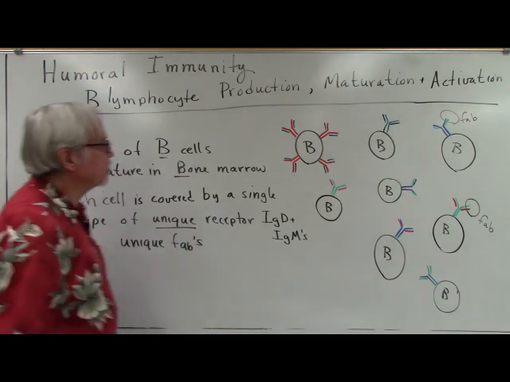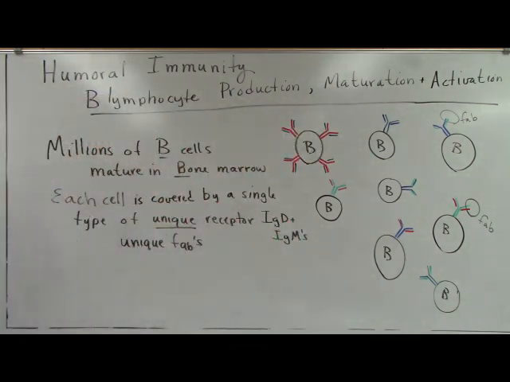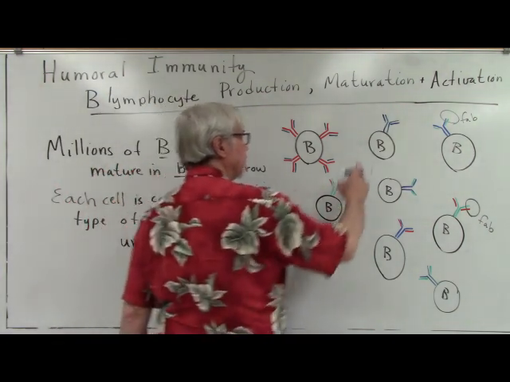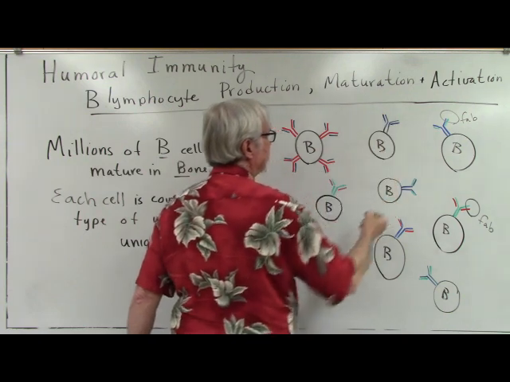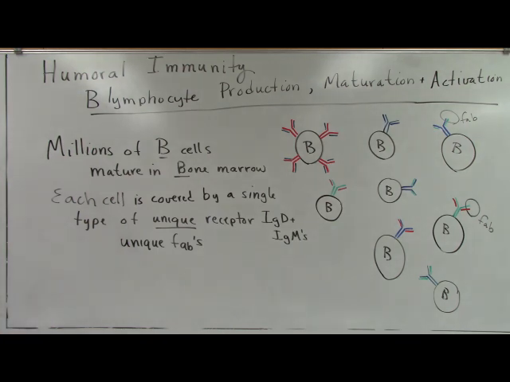And I've illustrated that using different colors now instead of shapes. So we have red and various shades of blue and purple and green. And you see that each one of these B cells has associated with it one receptor. Of course, it'll be surrounded by hundreds of receptors, but I just have one illustrating the uniqueness of each of these B cells produced by the bone marrow in terms of their having a unique FAB, or antigen binding fragment.